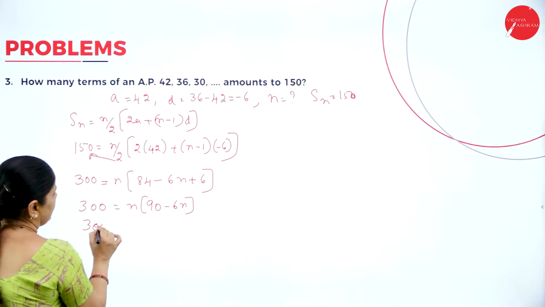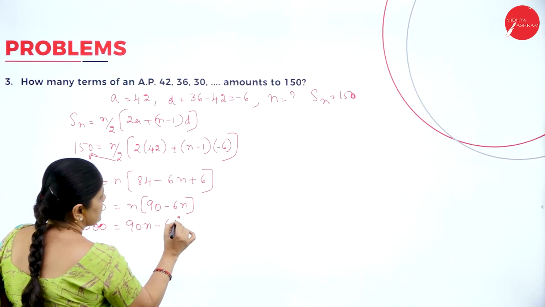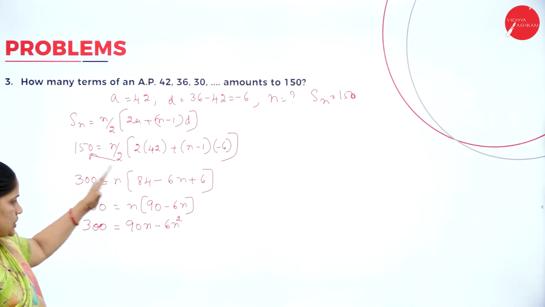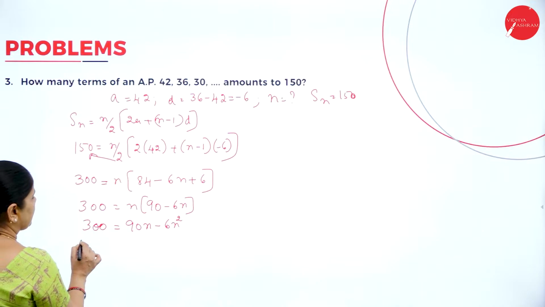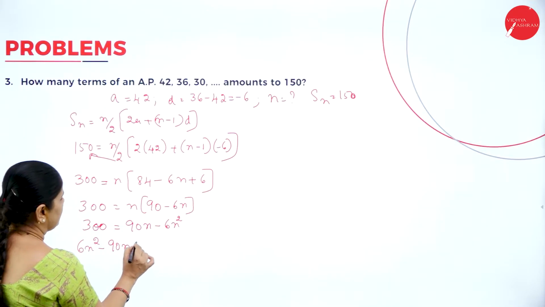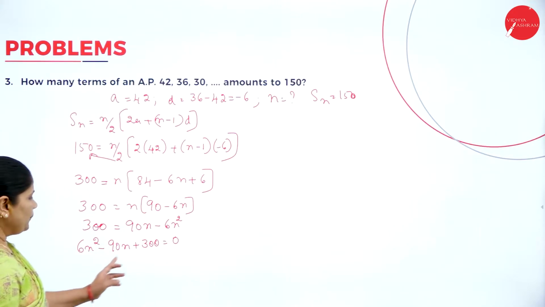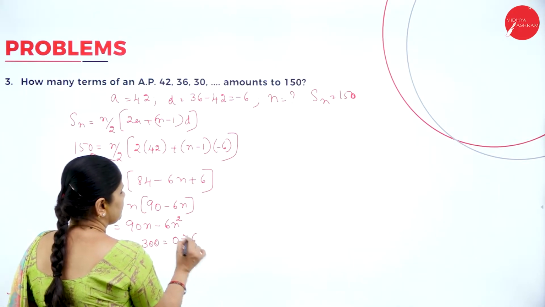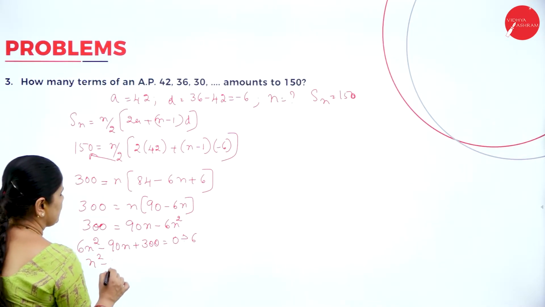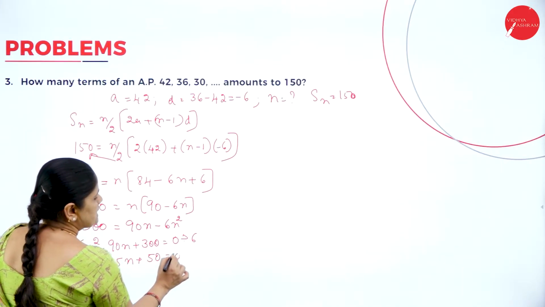So 300 equals 90n minus 6n square. Now I am bringing the whole equation to the left hand side. So it becomes 6n square minus 90n plus 300 equals 0. Now I divide the entire equation by 6. So I will get n square minus 15n plus 50 equals 0.